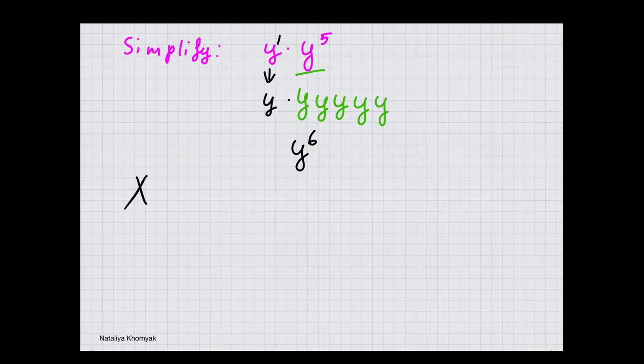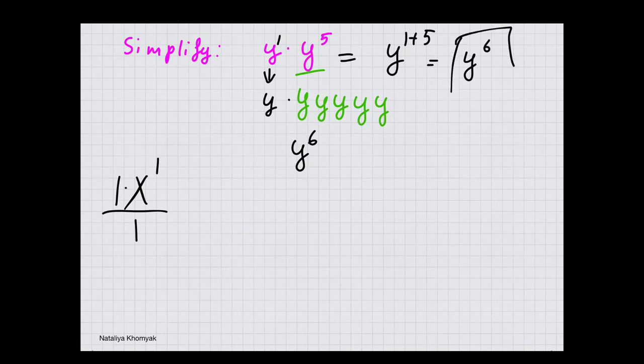You can take a variable or a number, and you can always multiply it by 1 without changing the value, divide it by 1, or raise it to the first power. Those are the identities. So the faster way of doing this would be to take the base and add the exponents, and we get y to the 6th, which is our answer.